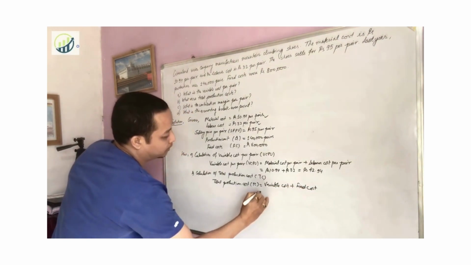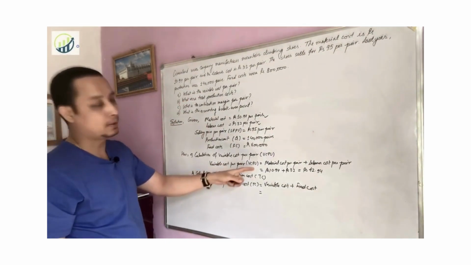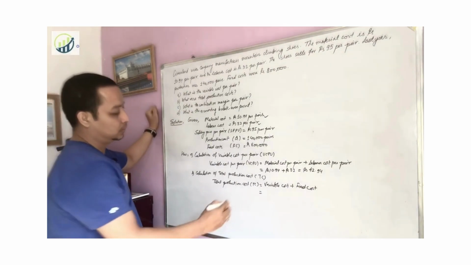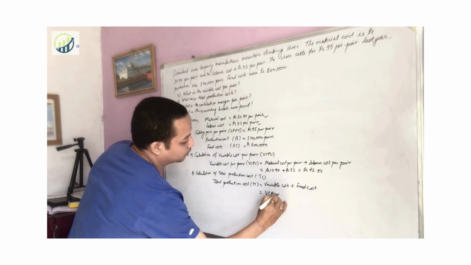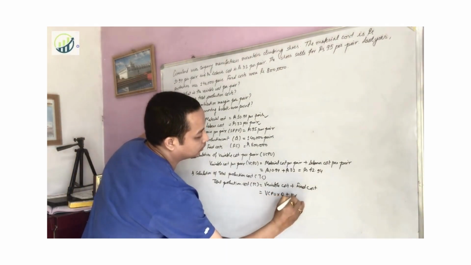So here variable cost per unit we have found, and the number of production units is also given. So you can now use the formula: variable cost per unit into quantity produced plus fixed cost.